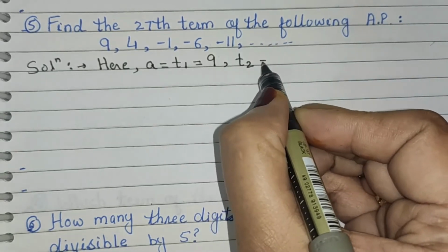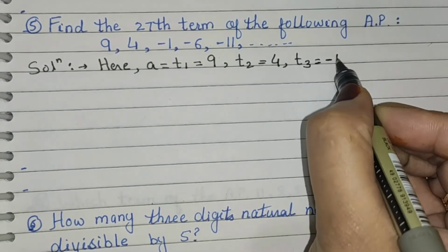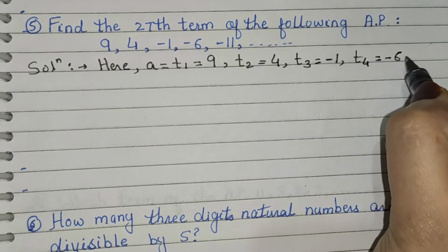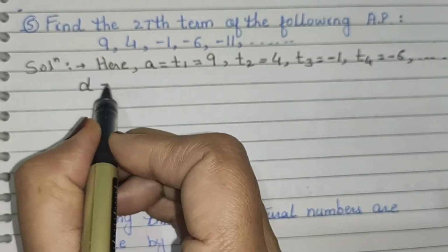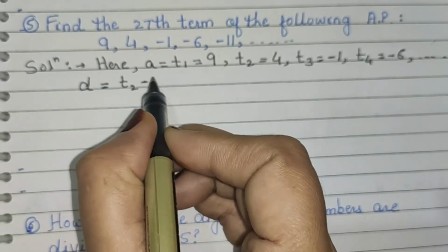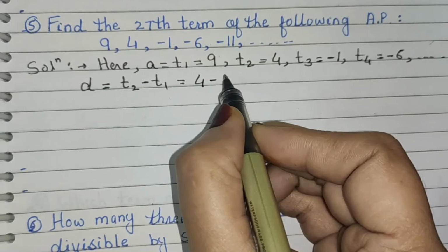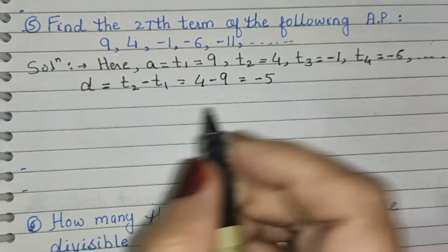Second term T2 is equal to 4. Third term T3 is equal to minus 1. Fourth term T4 is equal to minus 6 and so on. Now find out the common difference D which is equal to T2 minus T1. Now the value of T2 is 4 minus 9. We get here minus 5.